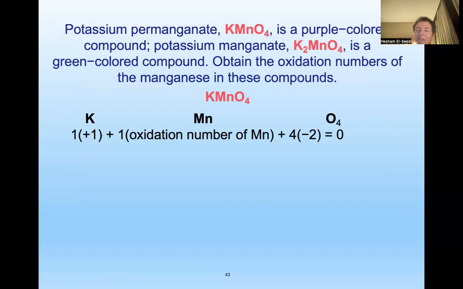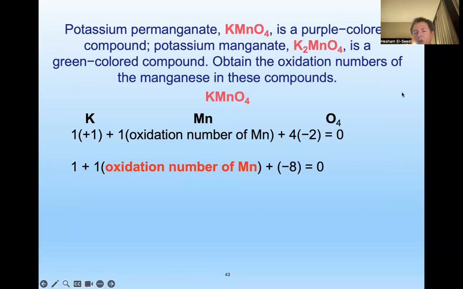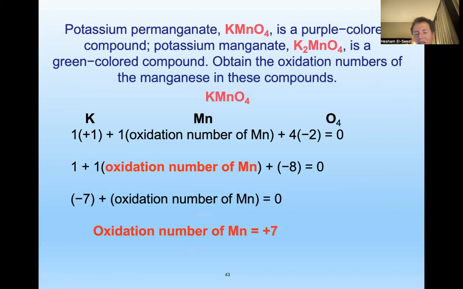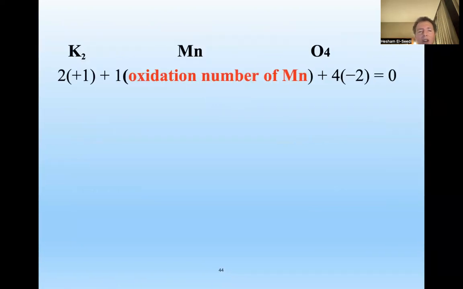Now you can practice in the same way. 1 + the oxidation number of manganese, and oxygen, as we told you before, is -2. So 4 multiplied by -2, and the total will equal 0. So -7, and so the oxidation number of manganese at the end will be +7. So I think it is easy to calculate the oxidation number now.